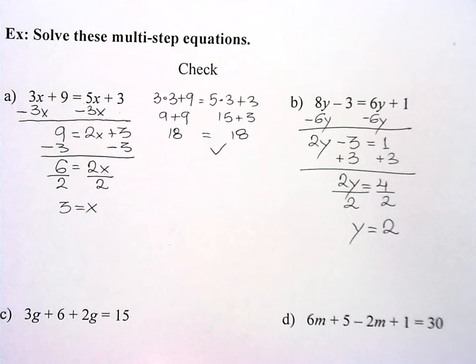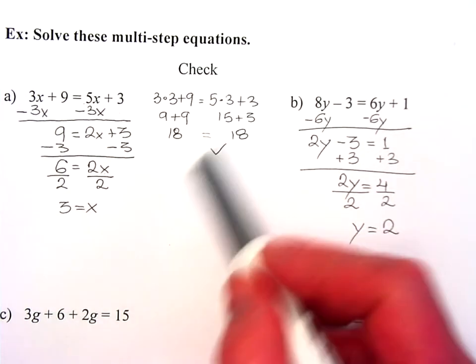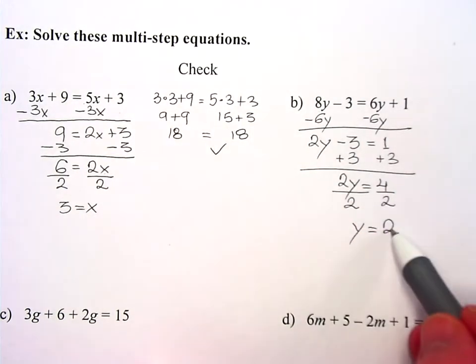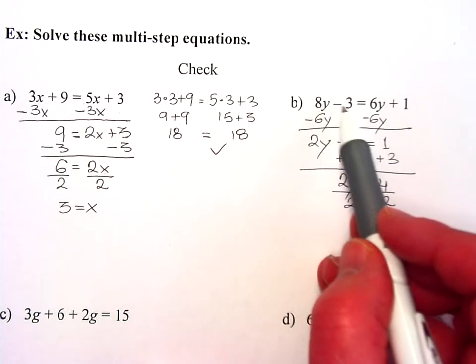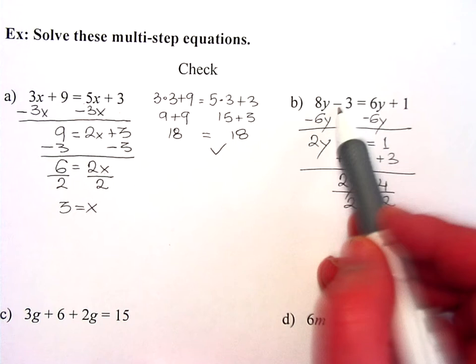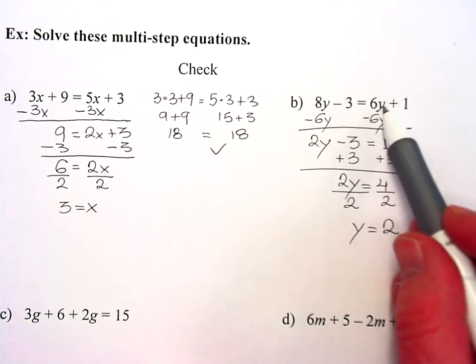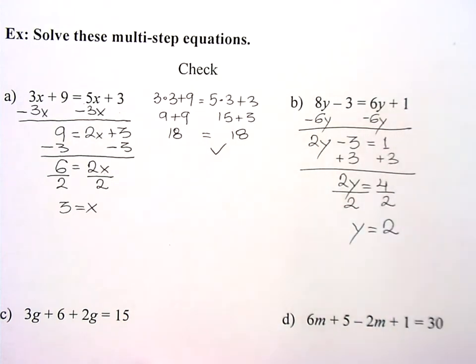And even if I don't do the checking step formally, I can just punch it into a calculator or check in my head if this works. So 8 times 2 is 16 minus 3 would be 13. 6 times 2 is 12 plus 1 is 13, so I do get the same answer on both sides, so I know that solution is correct.